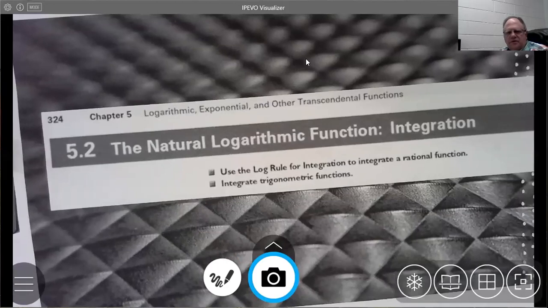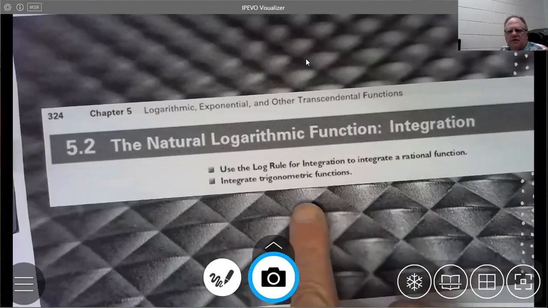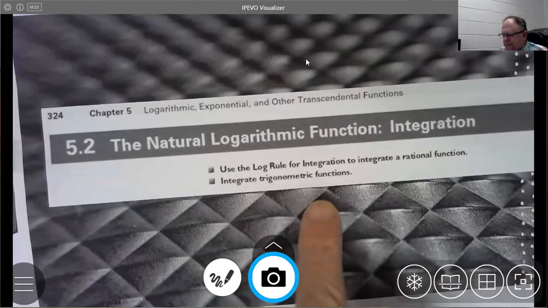We're dealing with the natural logarithm of a function, and we're going to work with integration. So we're going to use the log rule for integration to integrate a rational function and integrate trigonometric functions.